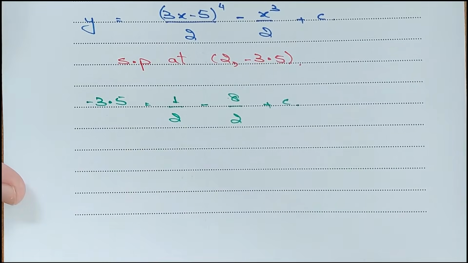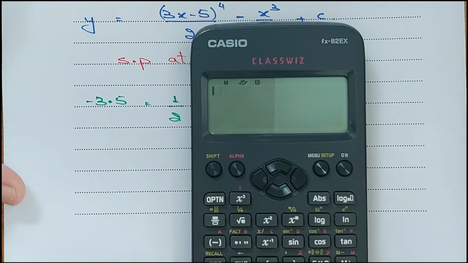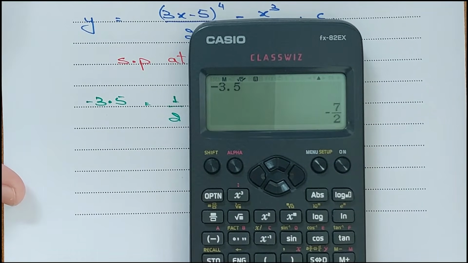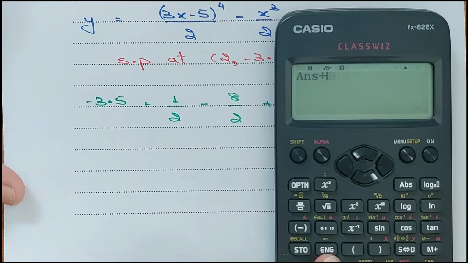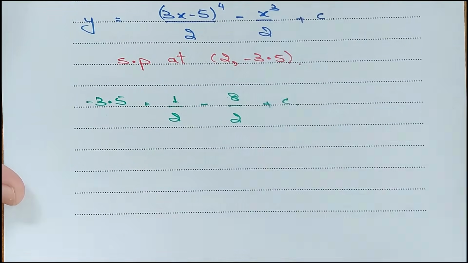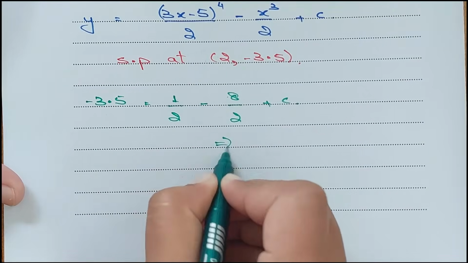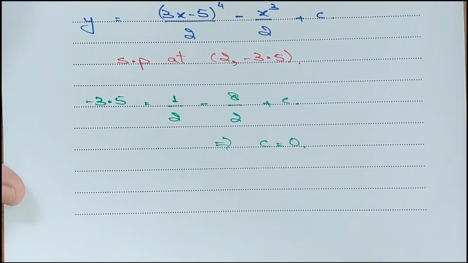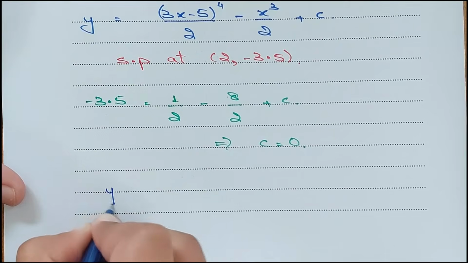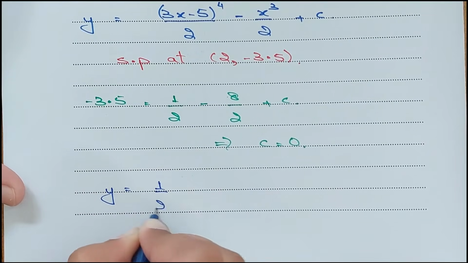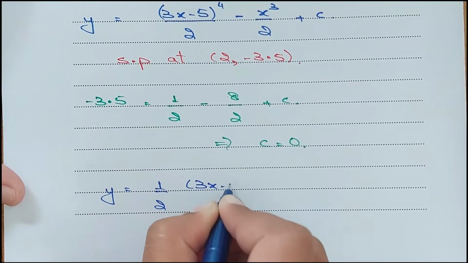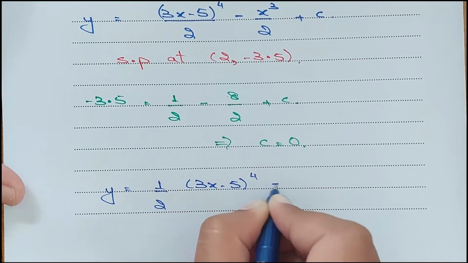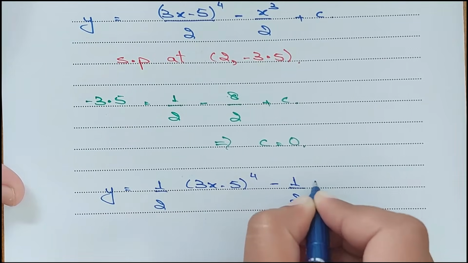Let me solve for c from here. So we have minus 3.5 minus 1 by 2, and we have to do plus 8 by 2, which is 0. So c value is 0. So the equation of curve is y is equals to 1 by 2 (3x minus 5) power 4 minus 1 by 2 x cube.